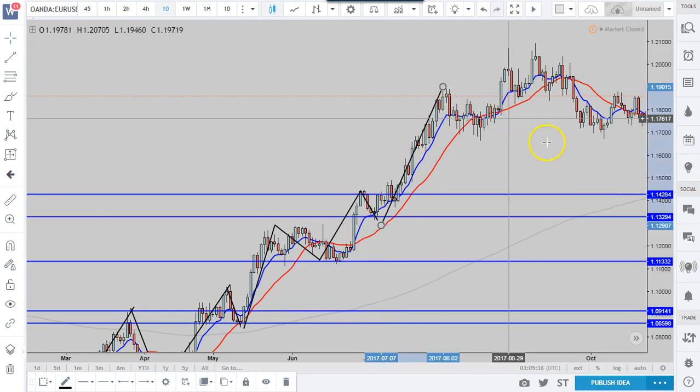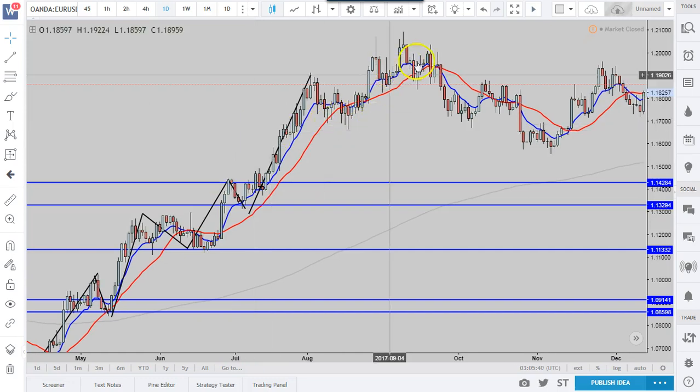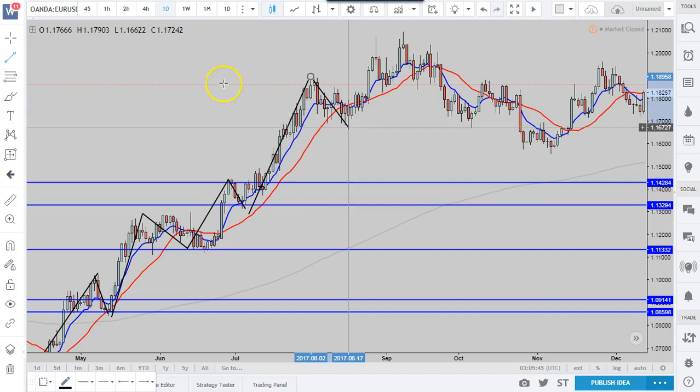Then high. Again, we might likely get a trend correction because we have head and shoulder being presented again.